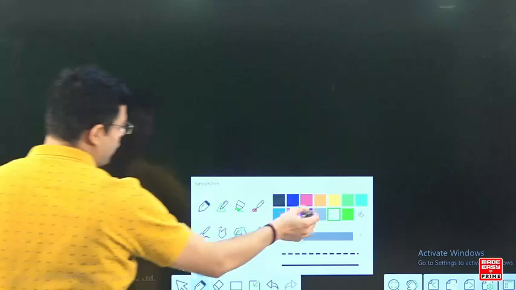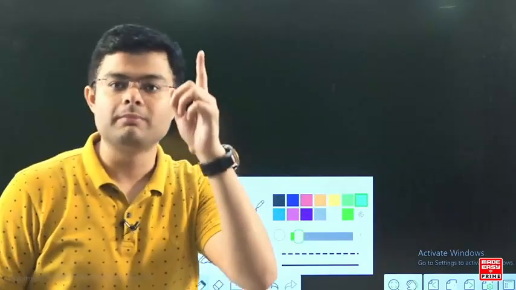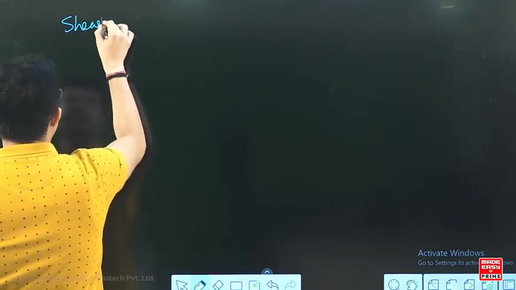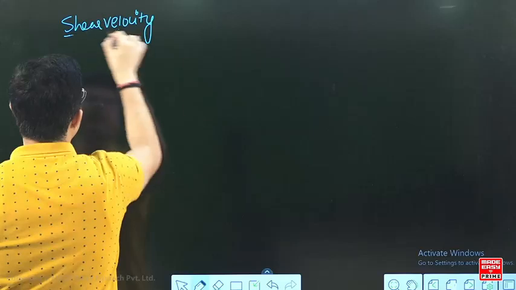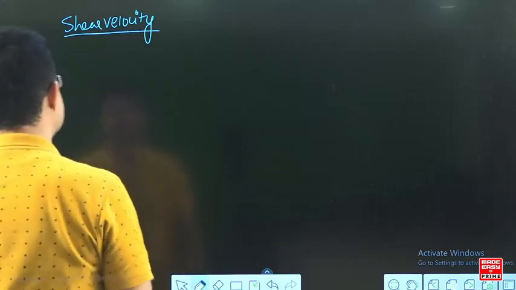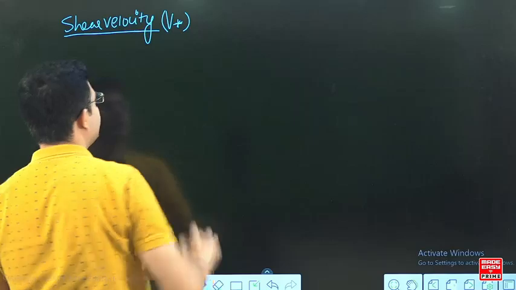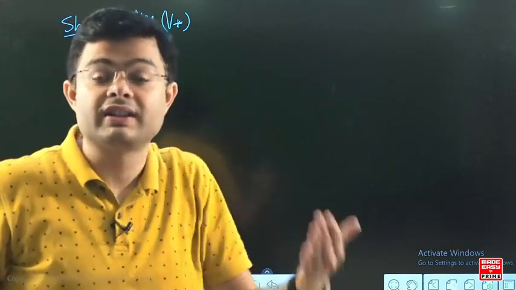But before proving that, one more new term I have to introduce here, and that is known as shear velocity. That new term, my dear students, is known as shear velocity. Shear velocity is shown by the symbol V star. Shear velocity is a hypothetical thing.